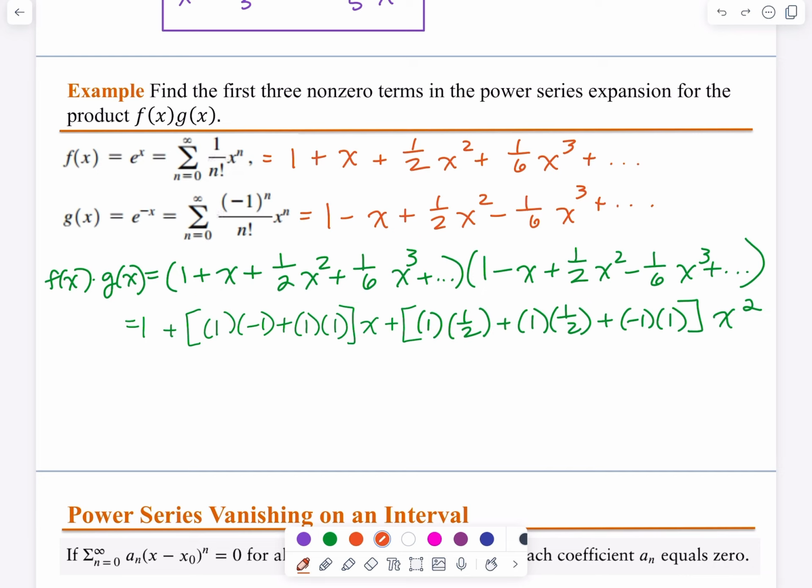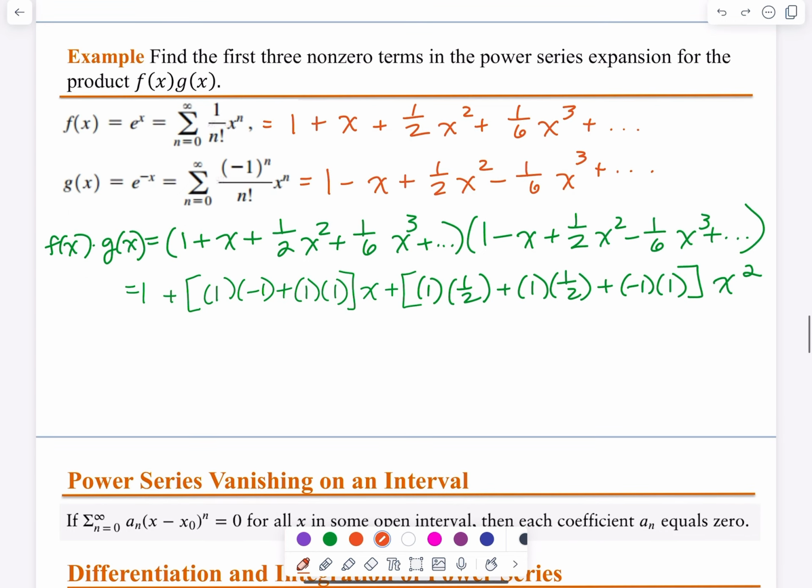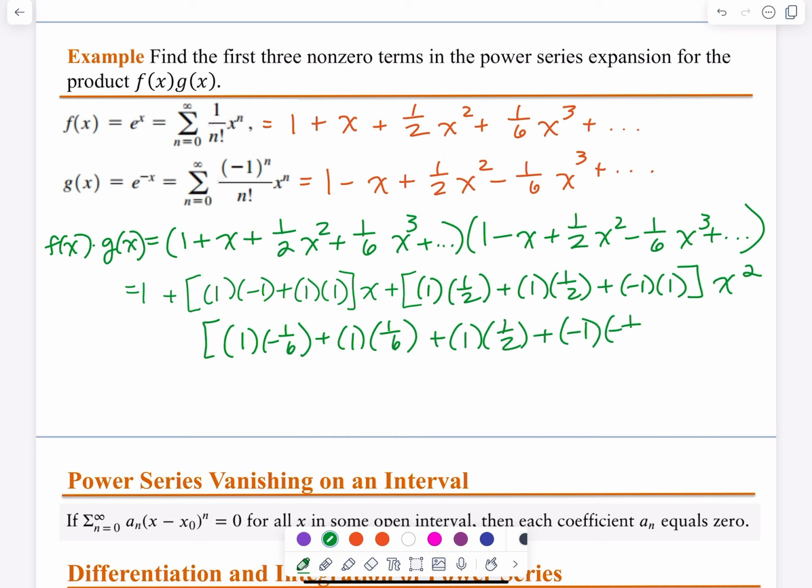And then for our x cubed, whoops, we will have a 1 times a negative 1/6 plus a 1 times a 1/6 plus a 1 times a 1/2 plus a negative 1 multiplied by a negative 1/2, and these are our x cubes.